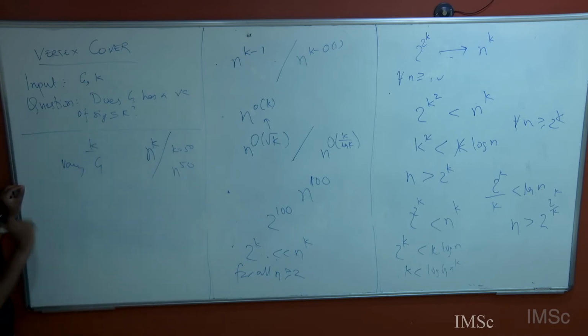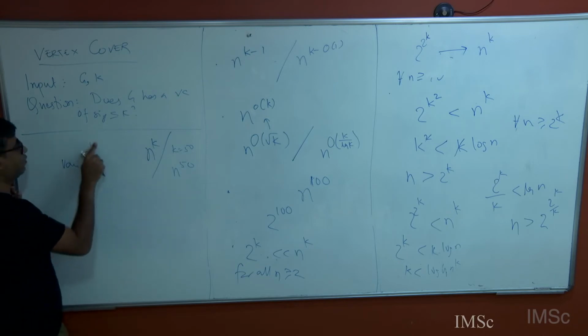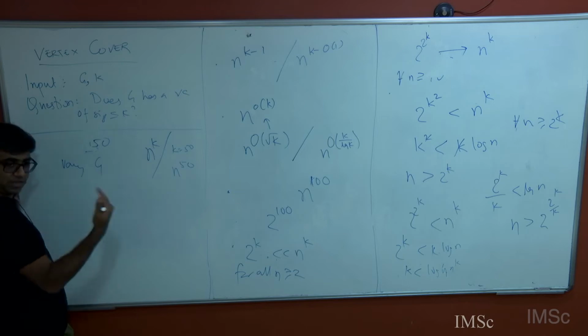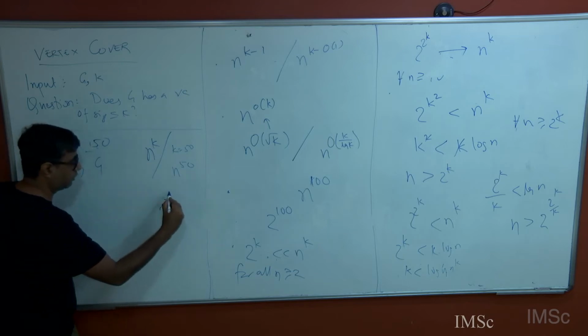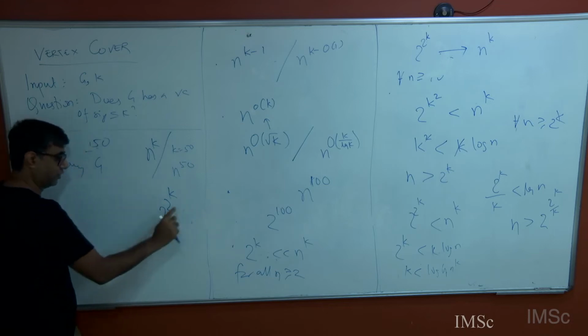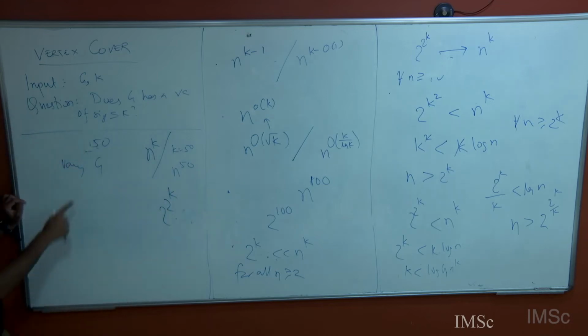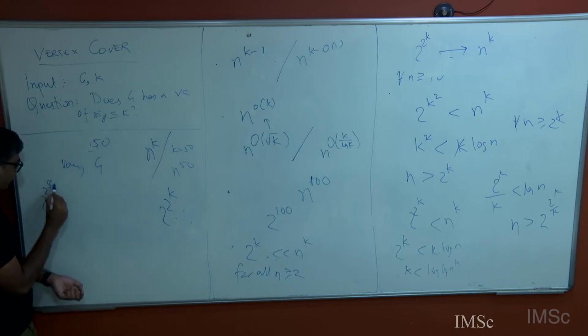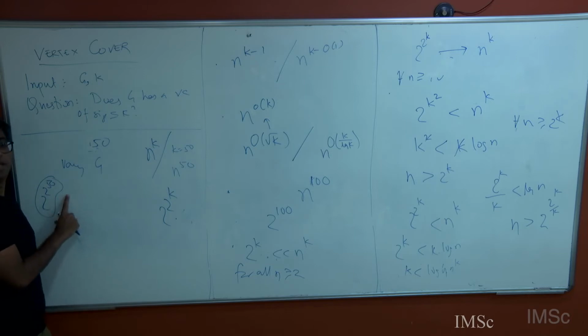Now let's fix k equal to 50, and suppose I had another algorithm which is like 2 power k times n square, or for now no n square, this is what my running time is. Now look at this, k is 50. So in the beginning, 2 power 50, this is what we are trying to beat.